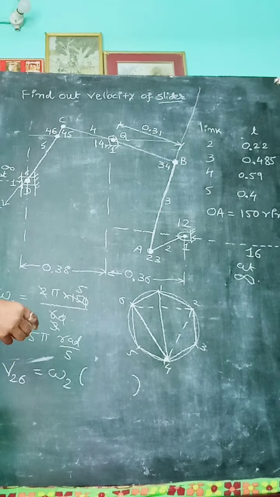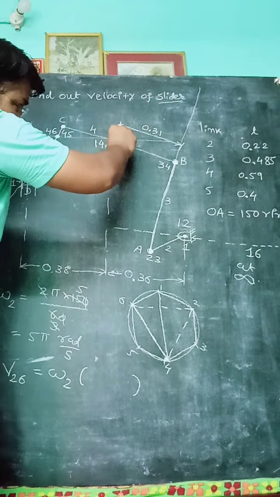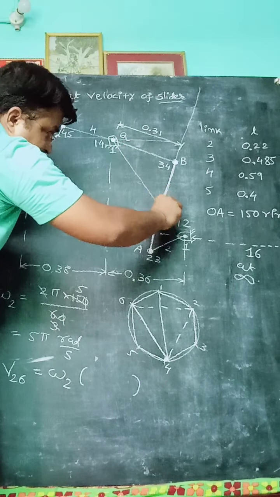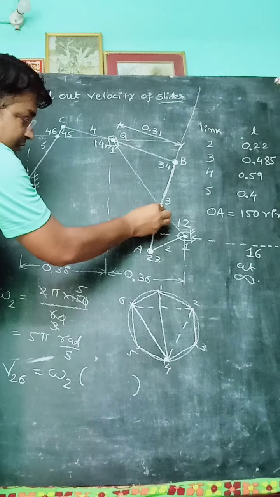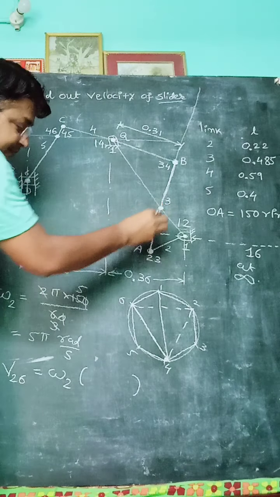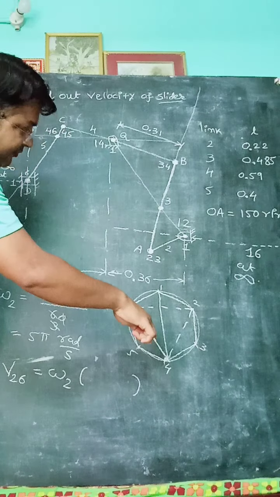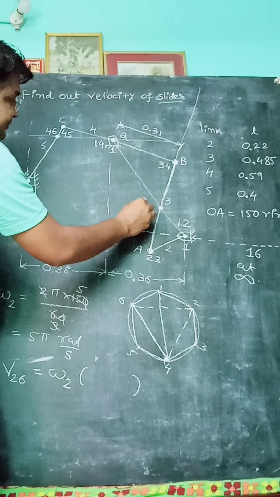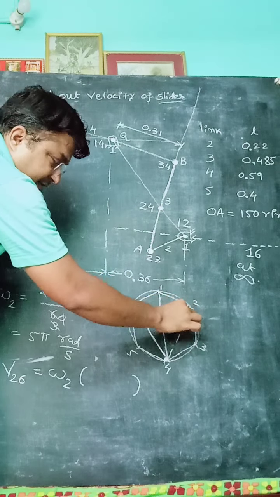Where is 1 2? Yes, 1 2, 1 4. So join them with a light line. So this point is nothing but 1 2 1 4. This is 2 4. So now 2 4 is available.